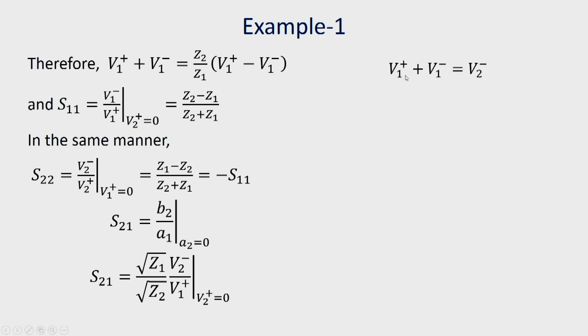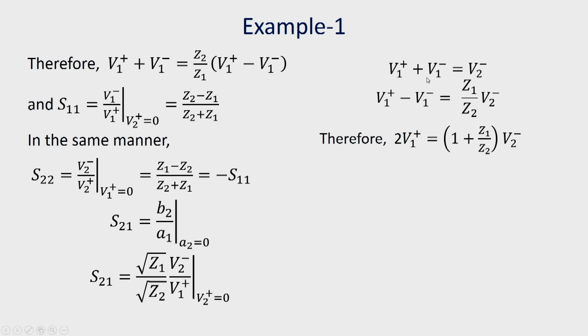So, we have seen that V1 plus plus V1 minus is equal to V2 minus, and from the current relationship we can write 1 by Z1 (V1 plus minus V1 minus) is equal to V2 minus by Z2, and once we take Z1 to this side, we can write in this form.